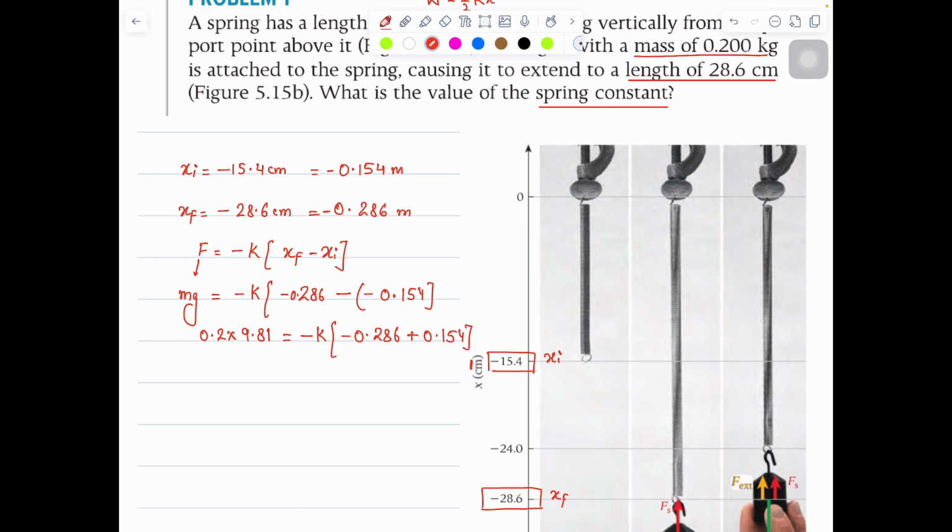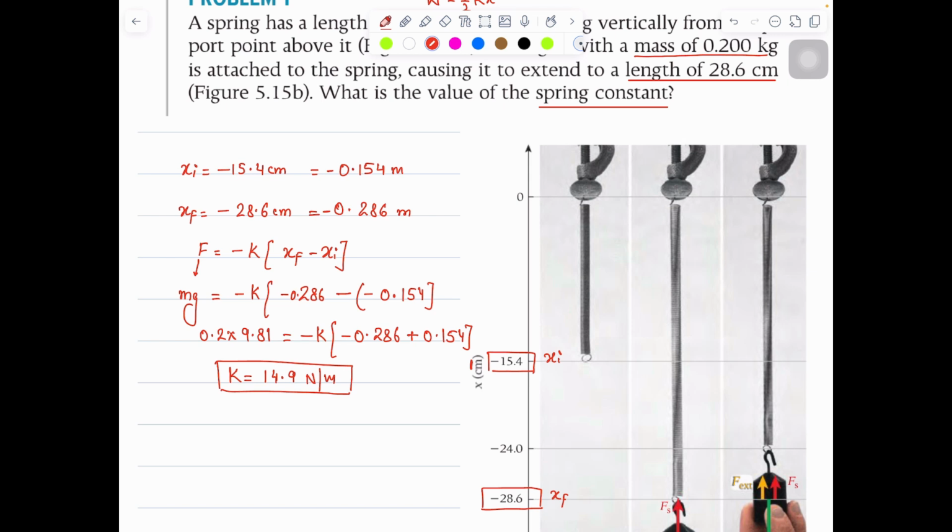So just put in your calculator. The value of k is equal to, yes, solve it fast. So it will become positive 14.9 Newton per meter. So this is your answer.